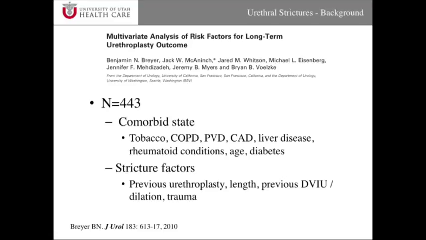So what are some of the things that predict for success versus failure of urethroplasty? This was a very nice paper done from San Francisco by Dr. Breyer and Dr. Makinich. We looked at the patients and the number of medical problems they had and whether it predicted a worse outcome from doing a urethroplasty.